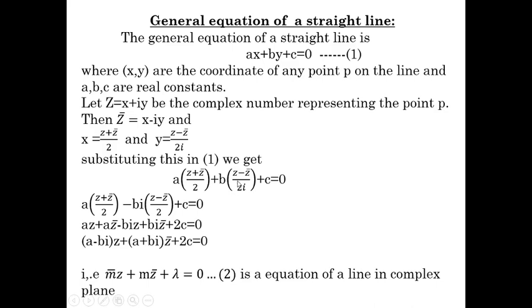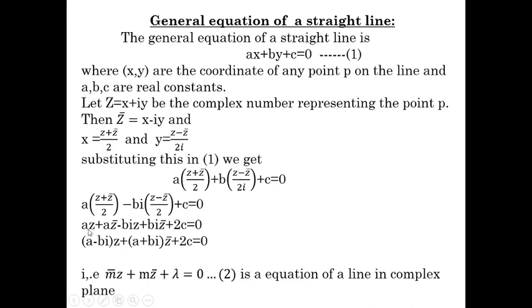Now for the second term, multiply i in the numerator and denominator, we get i times (z - z bar) divided by 2i squared. The i squared value is -1. Therefore this equation can be written as a into (z + z bar)/2 minus b into i(z - z bar)/2 plus c.